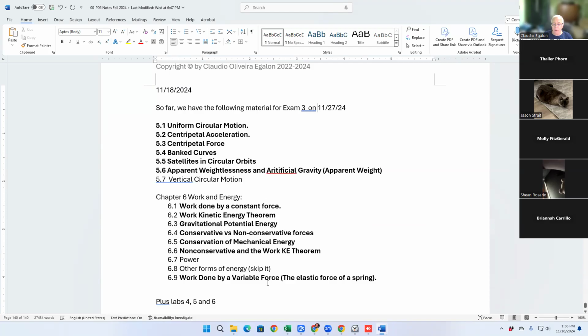And let's do some examples now for conservation of energy, right?